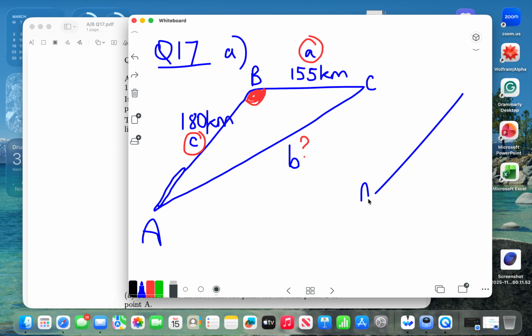So this is A and this is B. If it's on a bearing of 027, then this angle, from the north until it reaches the line going towards B, is 27. We don't need the 0 unless we're specifically talking about a bearing, but we're just looking at the angle.